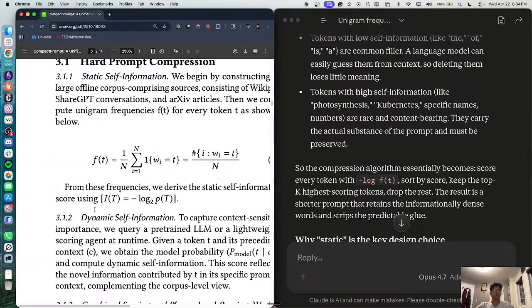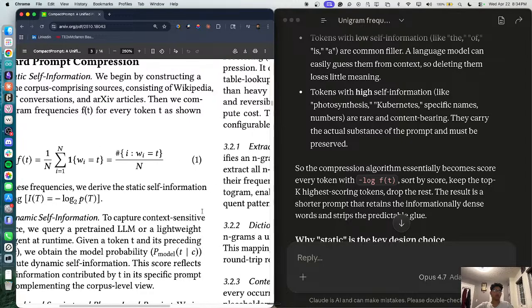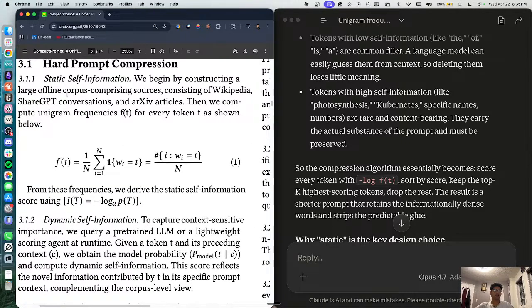And then once we figure that out, we divide it by the total number of tokens, represented by n, and that gives us a proportion which can be converted into a percentage, and that's how often or how frequent that token is shown within the corpus. In the case of this paper, they constructed a large corpus, so that's why they were talking about this, because this was the data that they applied into this mathematical model.